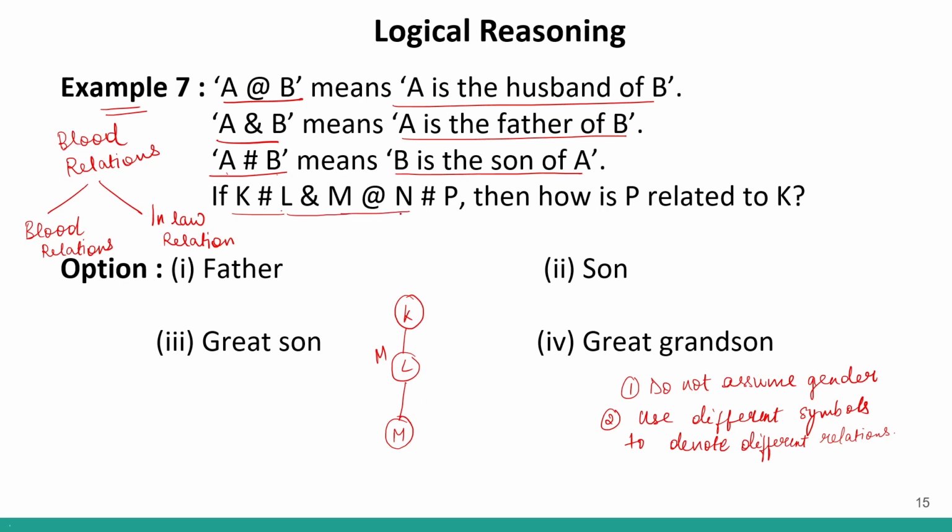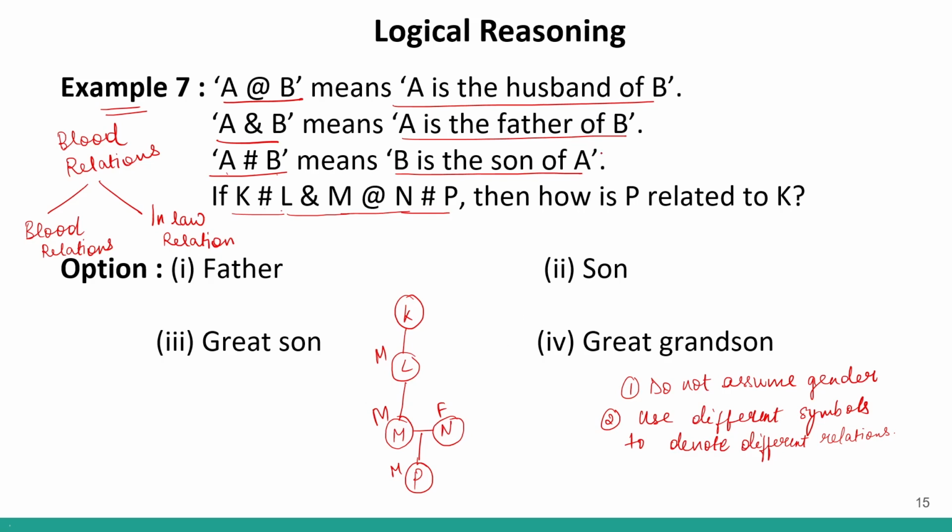M at the rate of N means M is the husband of N. So M is the husband of N. If M is the husband, he would be male and N would be female. Okay? N hashtag P means P is the son of N. So P will be the son of, that means he would be a male, son of M and N because they are husband and wife.